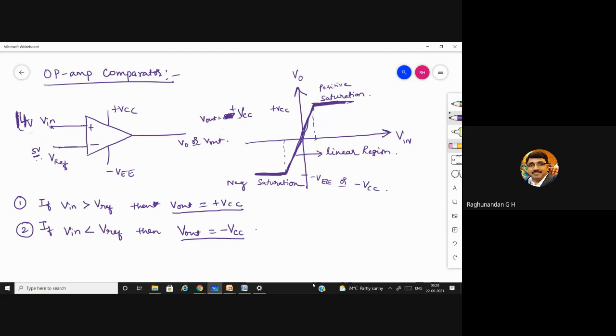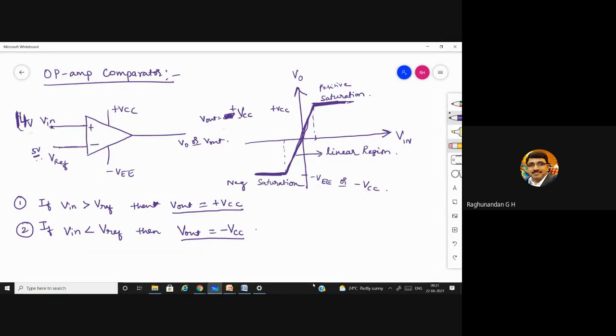So it takes some time to swing between two saturation levels. During that time, or during that voltage, we will be having a linear region. Sometimes for lesser values, the output is just going to follow the input.